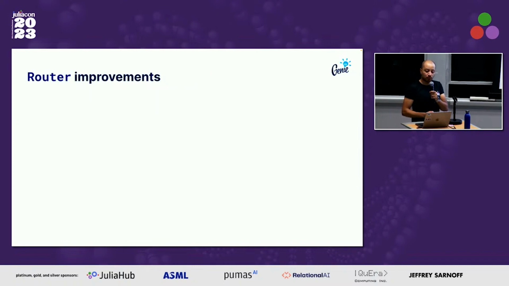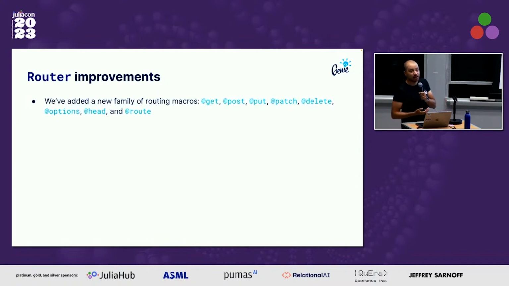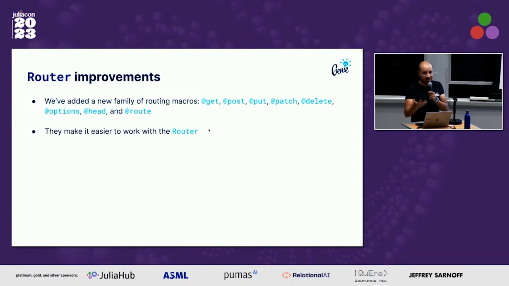In our line of improvements, we have added a new family of macros to the router in order to make it easier to handle the different types of routes that Genie can work with, such as get, post, put, etc. Now, as I said, this makes it easier to work with the router.